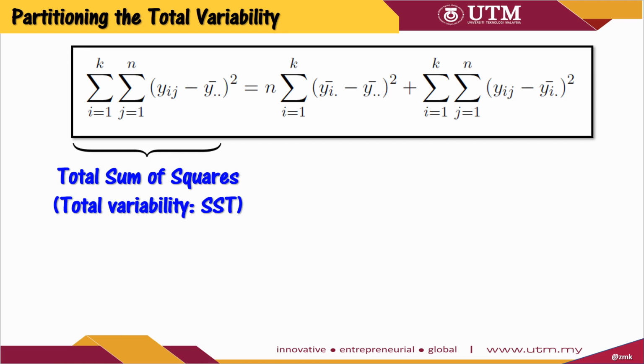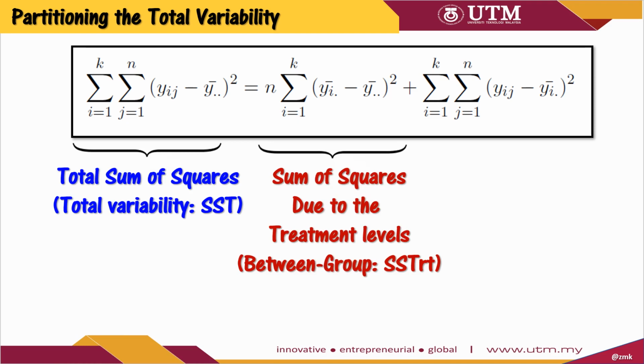The first is the sum of squared departures of the level mean from the grand mean, which we call the sum of squares due to the treatment levels, or the between group sum of squares, which can simply be denoted as SSTRT.